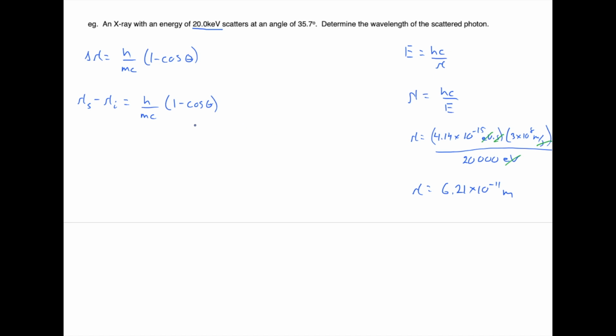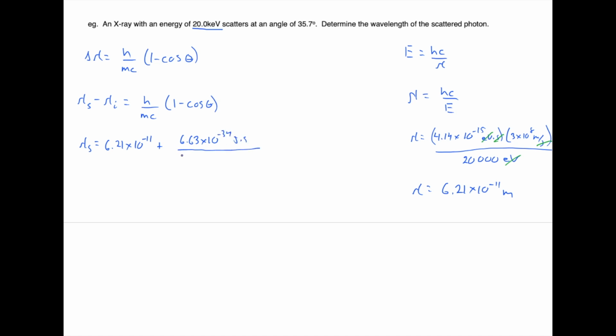Of course, in meters. So then I can rearrange this equation for my scattered wavelength, which is what I'm looking for. Now when I take this incident wavelength, I'm going to move it to the other side. It becomes positive. So I'll get that 6.21 times 10 to the negative 11, that'll be in meters, and that'll be now on the other side of the equation as a positive. I'll add to that here. Now here I'm going to use that 6.63 times 10 to the negative 34, that'll be in joules times seconds.